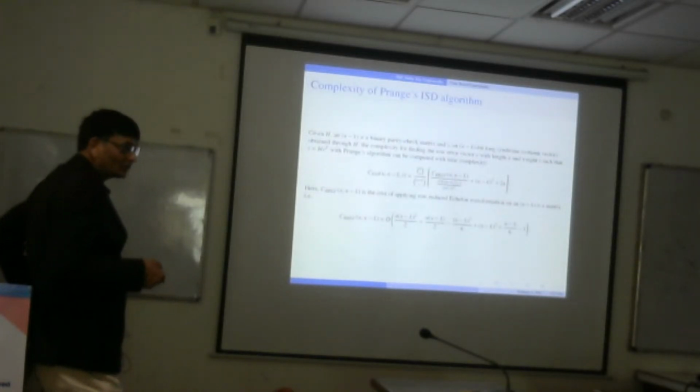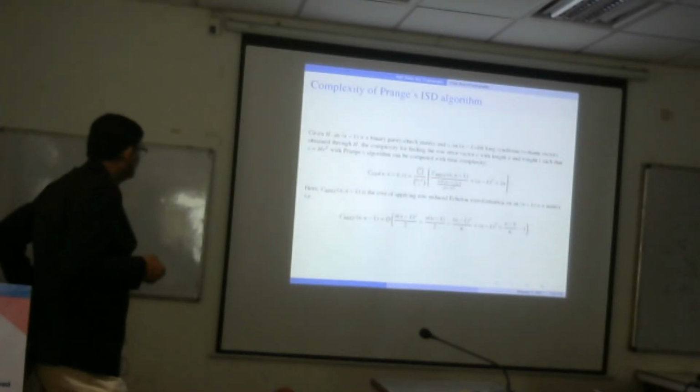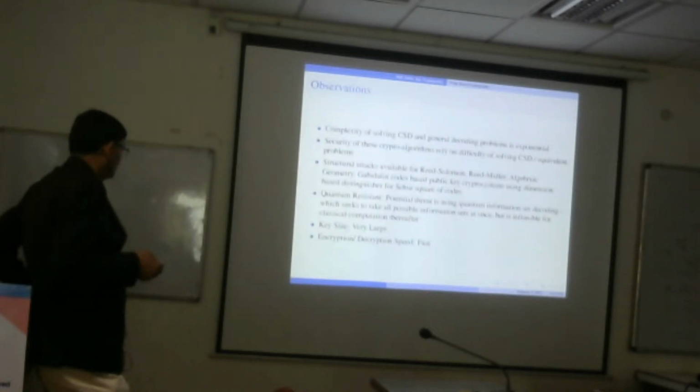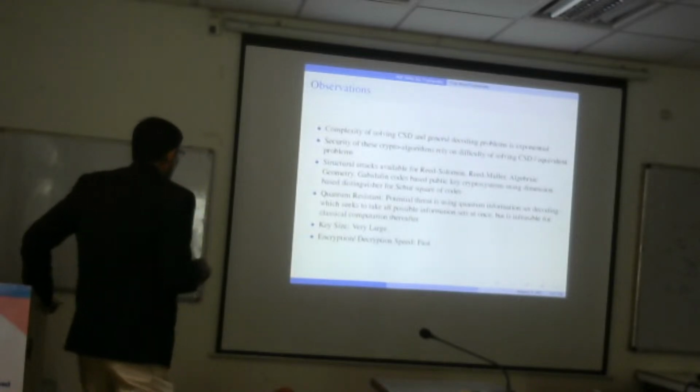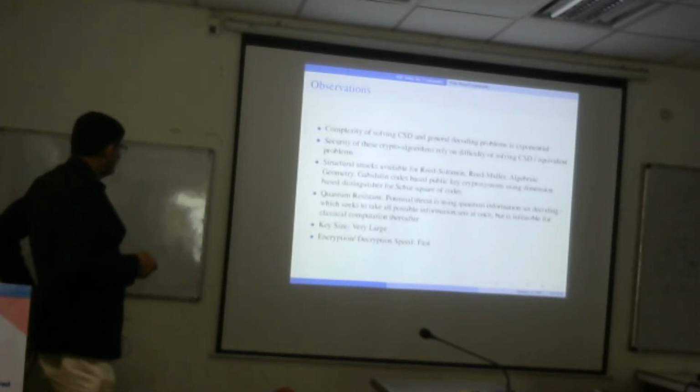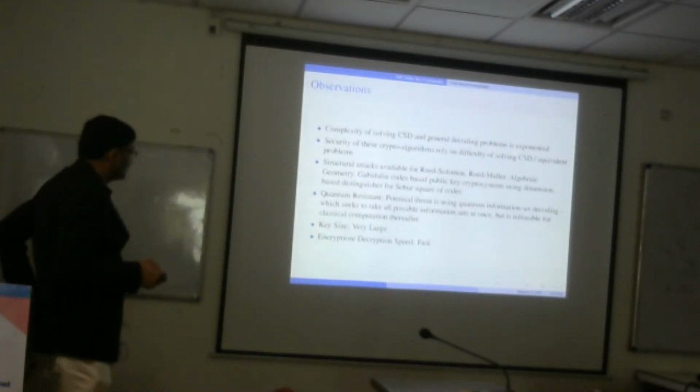It's a very complex notation. So the observation is that the complexity of the general decoding problem is exponential. The security of these crypto systems relies on the difficulty of solving the computational problem or an equivalent problem.